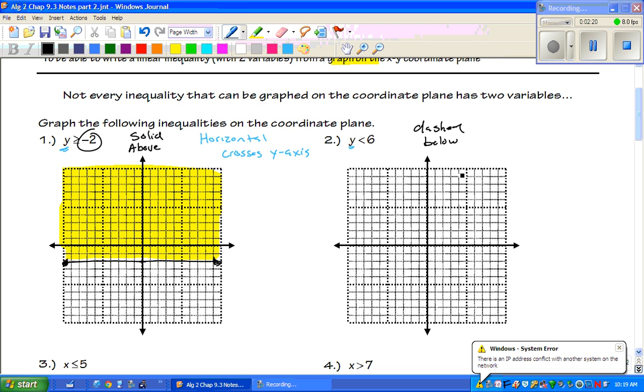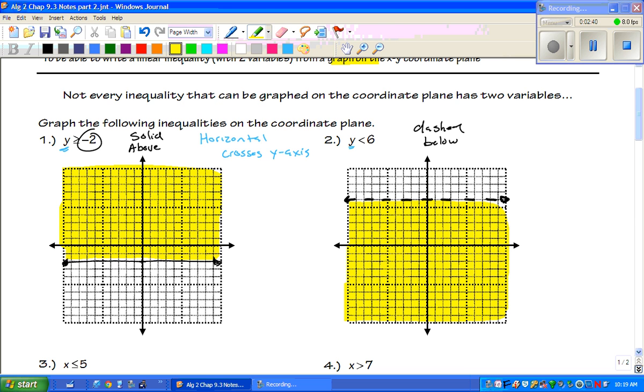So go to 6, which is up here, and it's going to be a dashed line. And then we need to shade below that. And there you go, that's it.